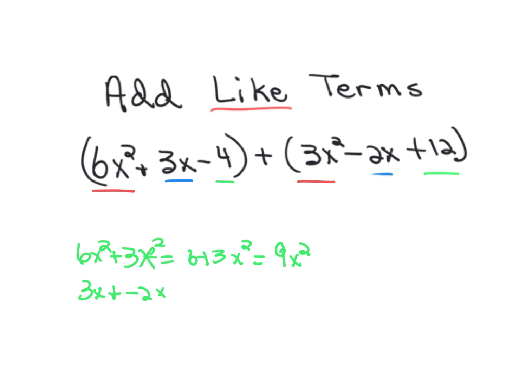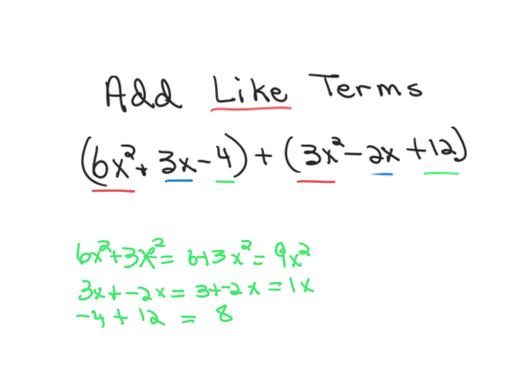And when I simplify that on Desmos, I'm going to type in 3 plus negative 2, bring down my like term, which is x, and that would become 1x. On the underlined green terms, I have negative 4 plus 12, that is positive 8.